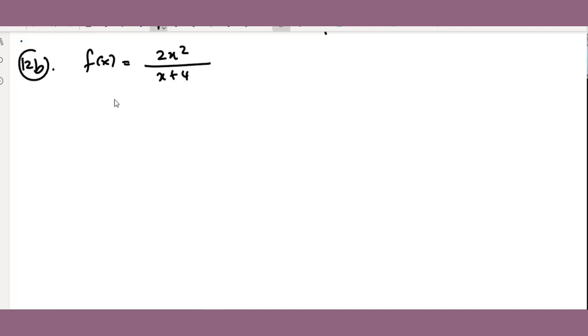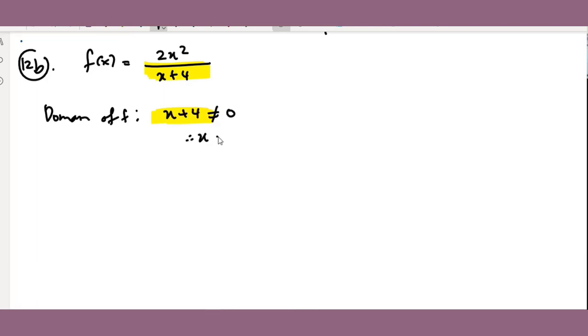Okay. First step, given this function, you want to determine a vertical or horizontal asymptote, right? First thing you have to find the domain. Domain of f. So this is a ratio, means that the denominator is not equal to 0.